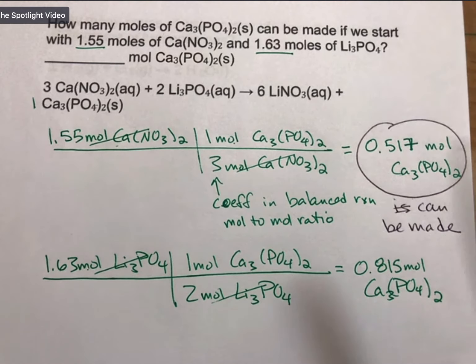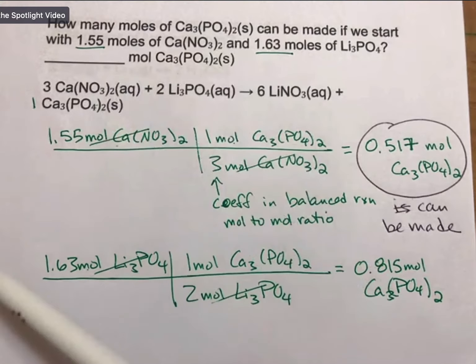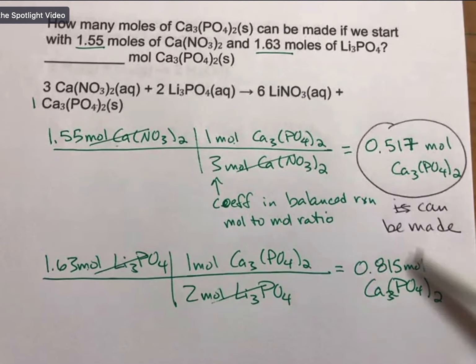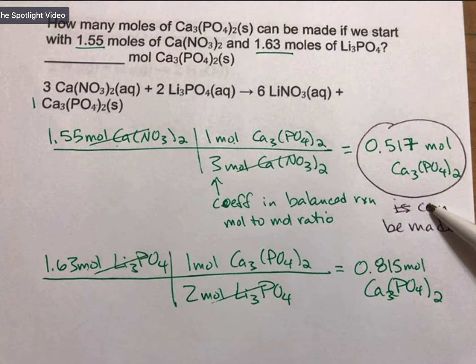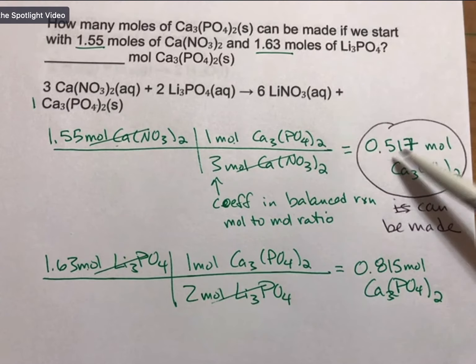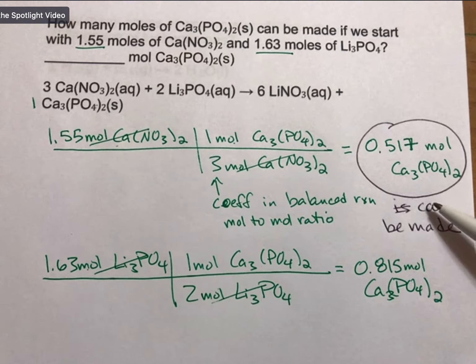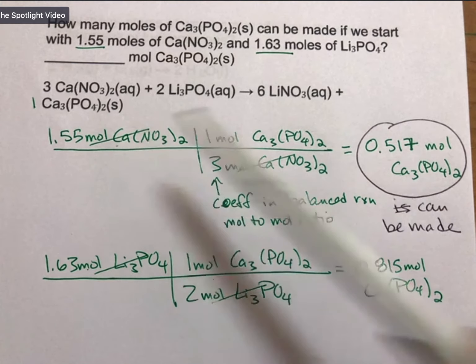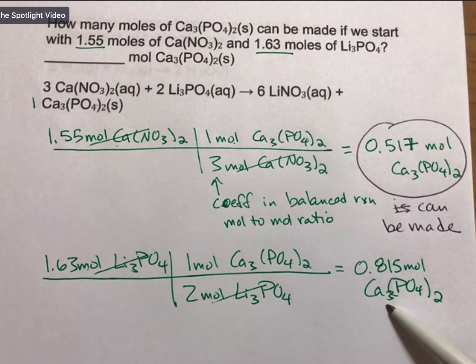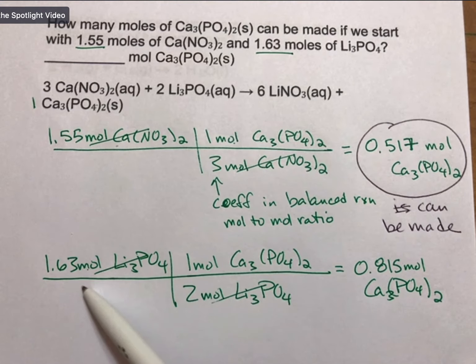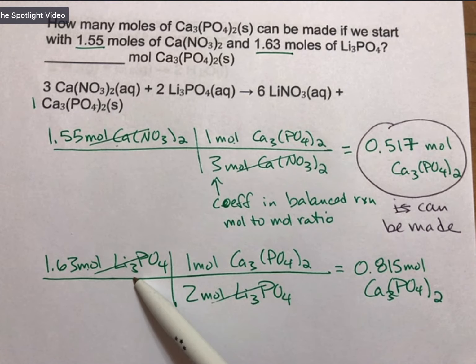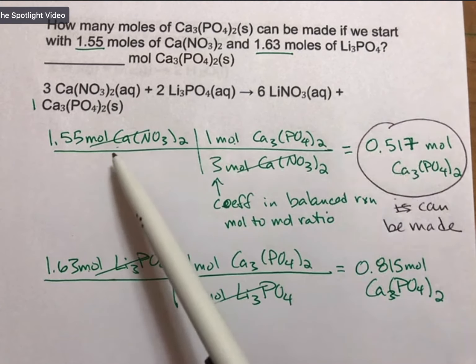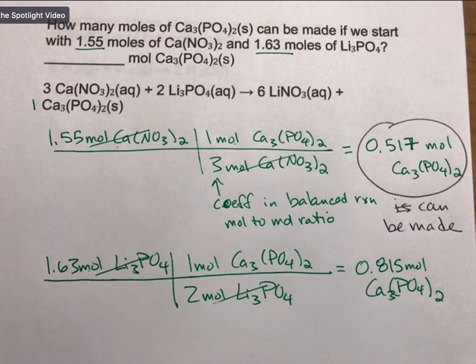But we will see that we have to do both of these in future problems and always take the smaller amount, because it's the smaller amount that can be made. We can think of it this way: 0.517 moles of calcium phosphate can be made before we run out of calcium nitrate. 0.815 moles of calcium phosphate can be made before we run out of lithium phosphate. The smaller amount means that we ran out of calcium nitrate first, and that's what it means to be a limiting reactant.